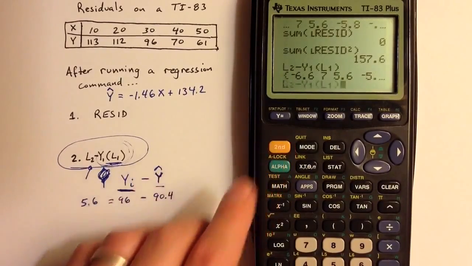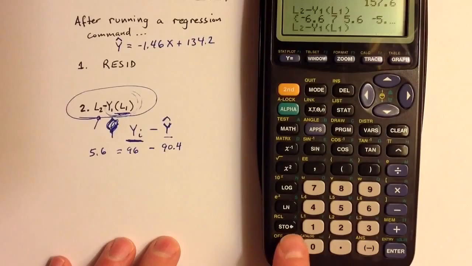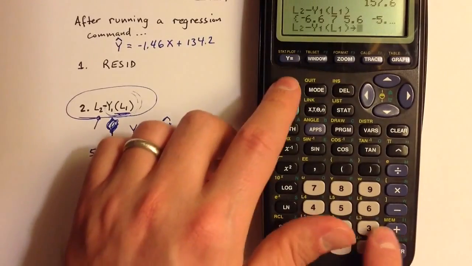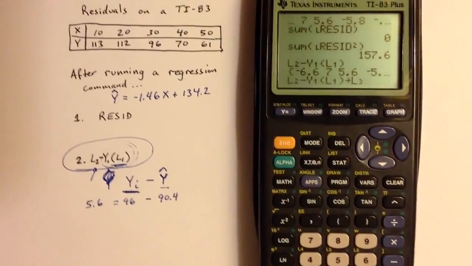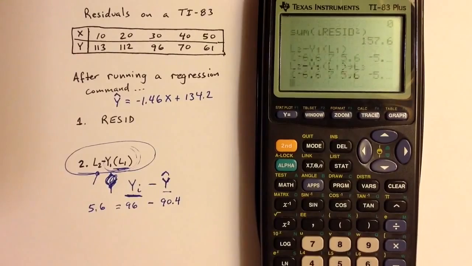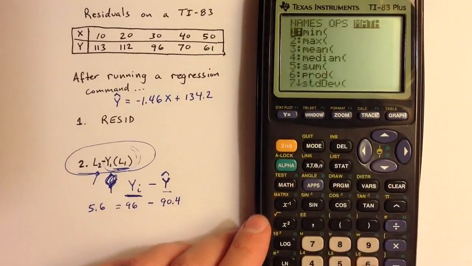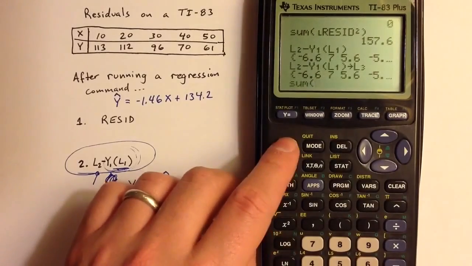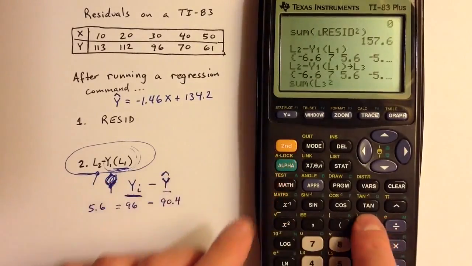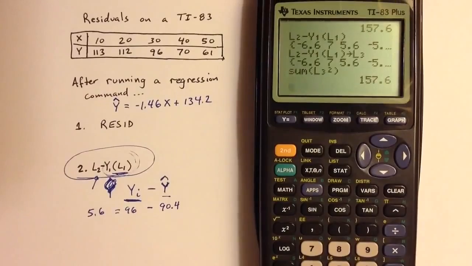So I can store that, with the store key next to 1, as list 3, let's say. And then, just like we did a moment ago, I can take the sum, option 5, of list 3 squared, and we'll see that same sum of the squared residuals.